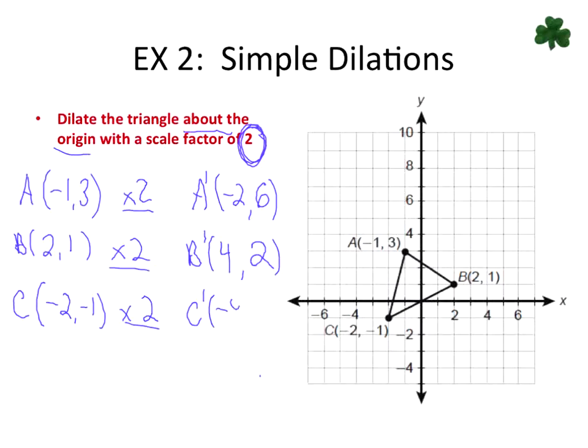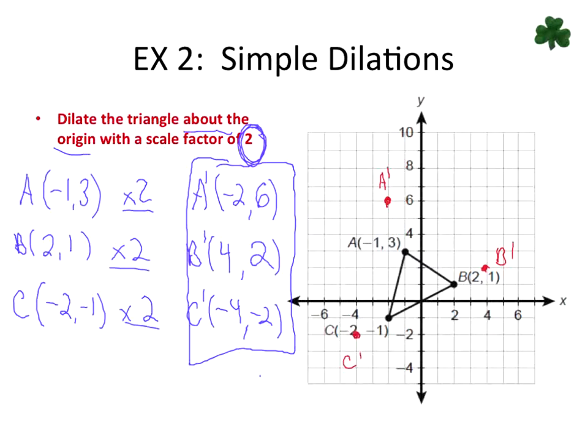So my C prime is going to become -4, -2. I want you to take a minute and graph your new A prime, B prime, C prime, and draw in your triangle.